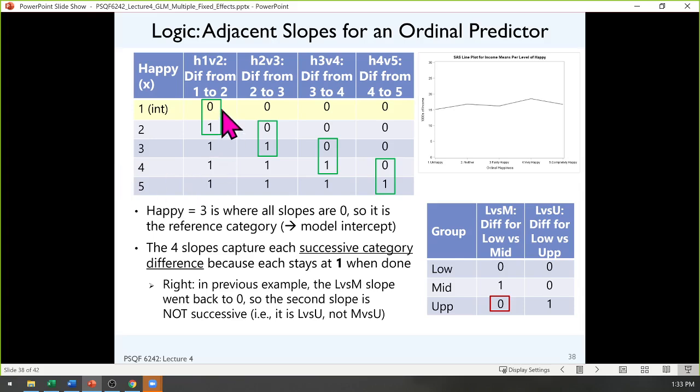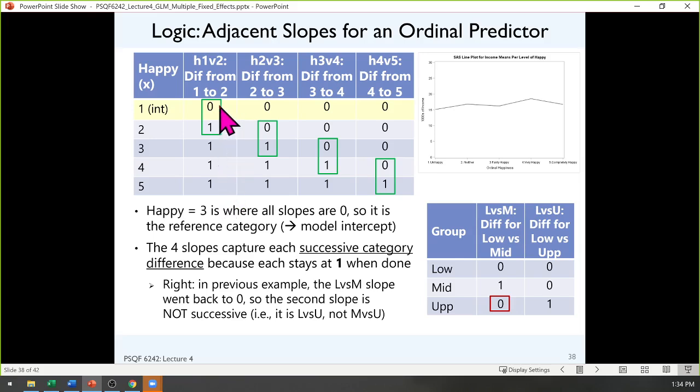And so the way that it works then is very much like the other piecewise model, in that after you make the transition that the variable is trying to capture, it shuts off where you left off. And it's zeroed out before it's active. So to get from happy 1 to 2, I go from 0 to 1 on the first variable, and it shuts off.